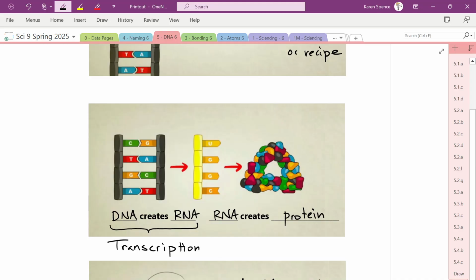So DNA going to RNA is called transcription. We'll talk a lot more about this later. So if you're like, oh my gosh, so many words, it's okay. RNA creates protein. That is called translation.